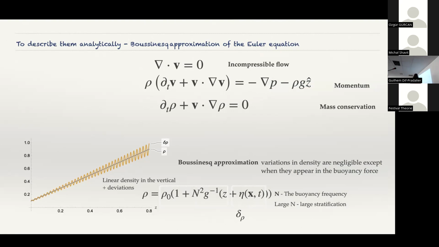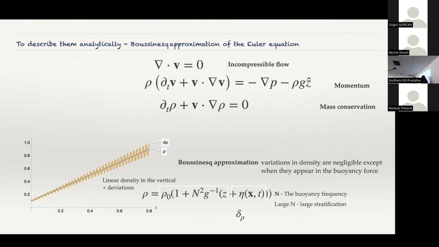And the Boussinesq approximation is assuming that the density is really linear in the vertical direction, where an important constant for describing internal gravity waves is the Brunt-Väisälä frequency, which you can think about roughly as the slope of the mean stratification.